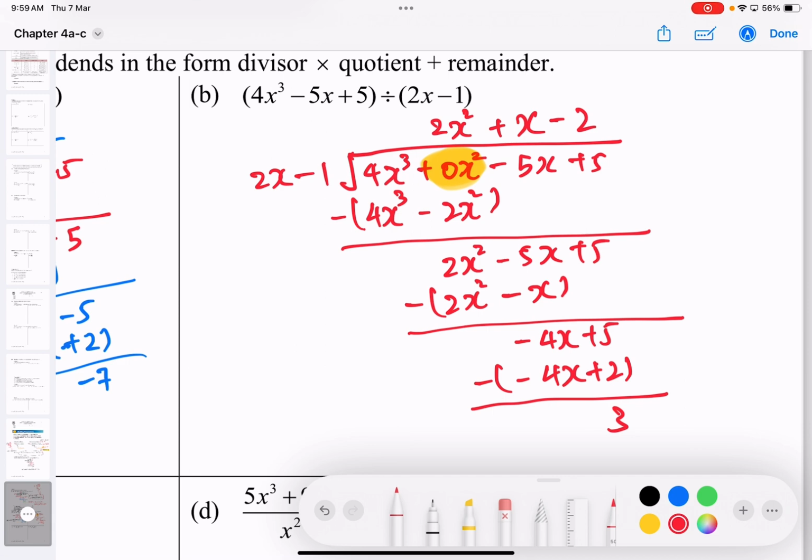Y minus negative x. Oh, you mean this one? Did I make a mistake here? Let me see. Yeah, because positive multiplied by negative 1 gives me negative x. So negative 5 minus is plus, negative 5 plus, that will give me negative 4.